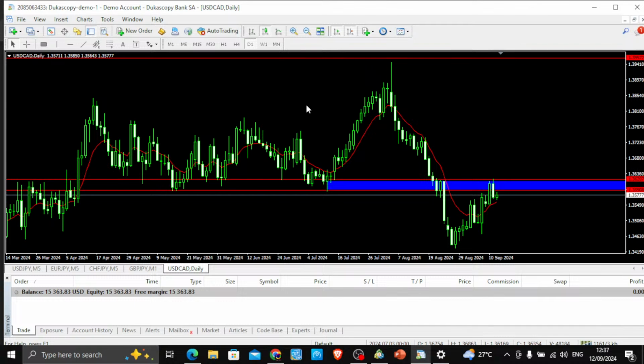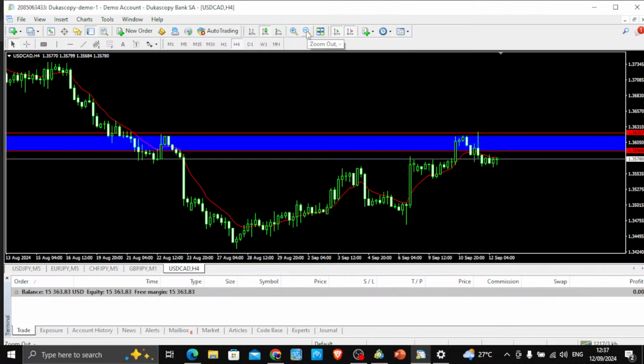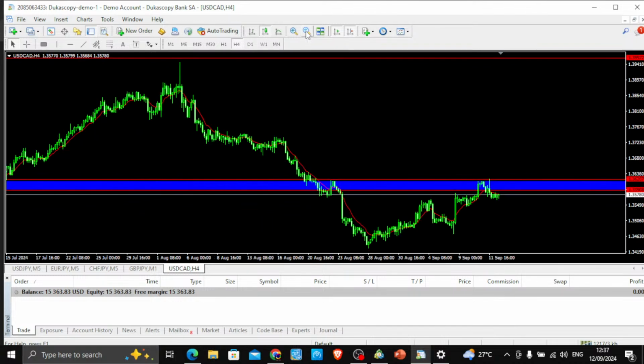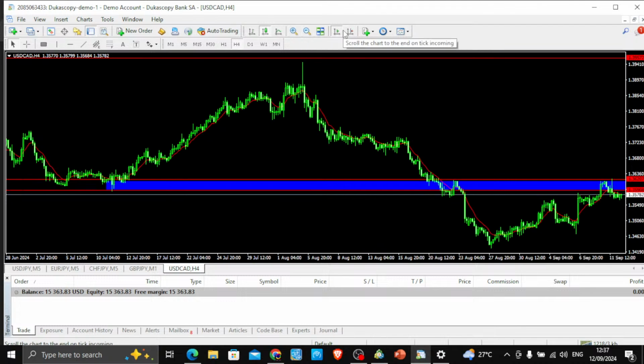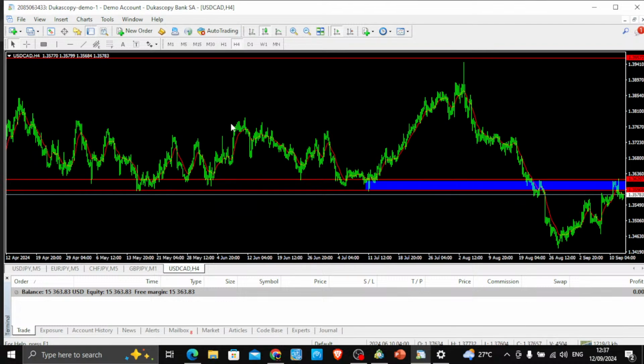So let us go to the 4 hours chart, which will give us more clues. Based on our 4 hours, let's check what it is doing. Look at the swings: it moved up, then it broke down.